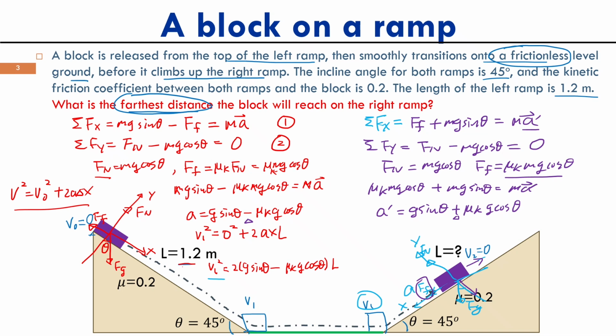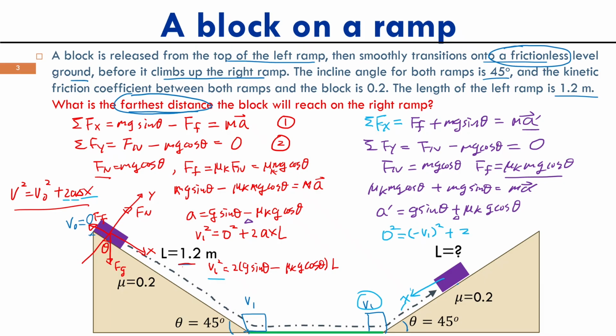Let me clean this area. All right, so I'm going to write down the kinematic equation. Remember, my positive x is going down. So that means my initial velocity is minus v1 squared, right? My final velocity is 0, so it's 0 squared. Now plus, remember, 2a delta x.